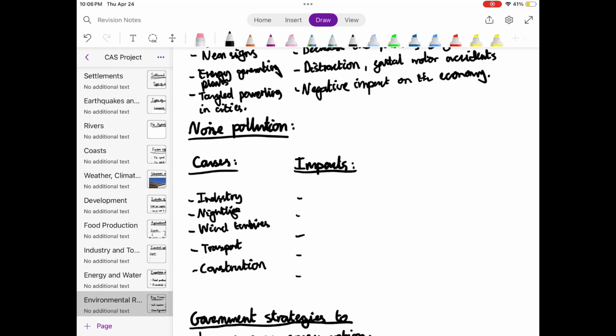So now we're going to be looking at the impacts again of noise pollution, and again stress and anxiety increases when there is noise pollution. There also may be sleep disturbance, and this can also have a negative impact on the productivity of an individual, which can overall have a negative impact on the economy because the population might not be as productive.